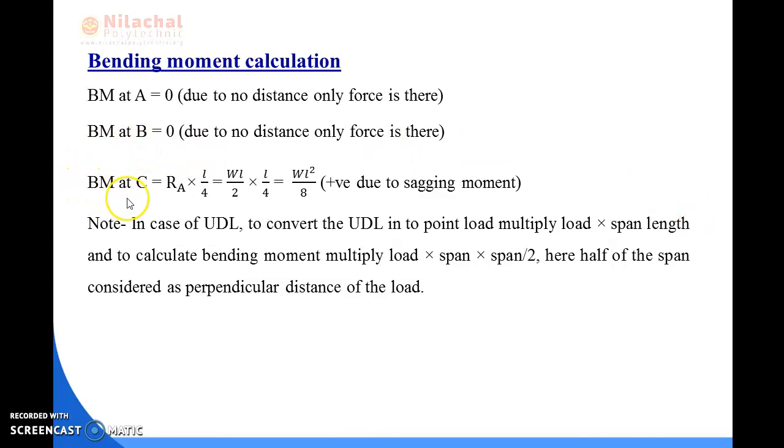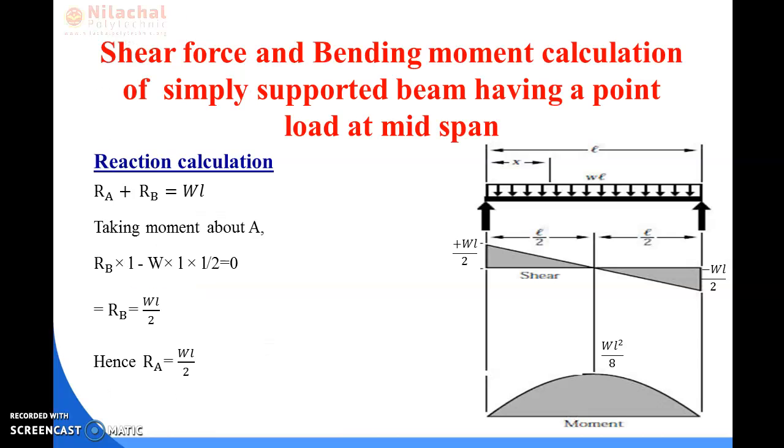After that, we need to calculate bending moment at point C. We can calculate the bending moment at point C from the right side or left side of the section. Here we are considering the left part of the section.